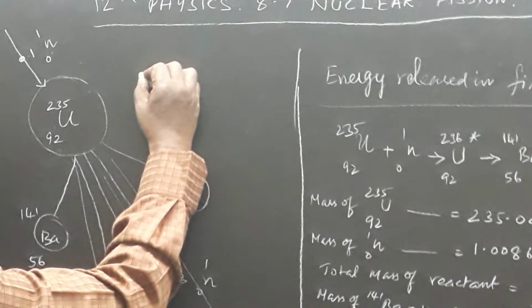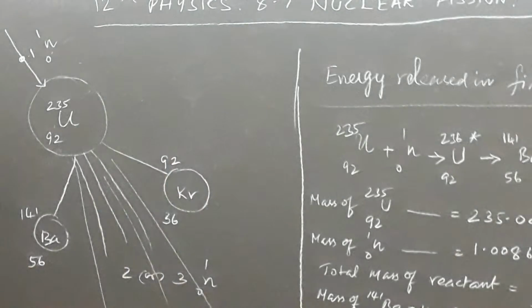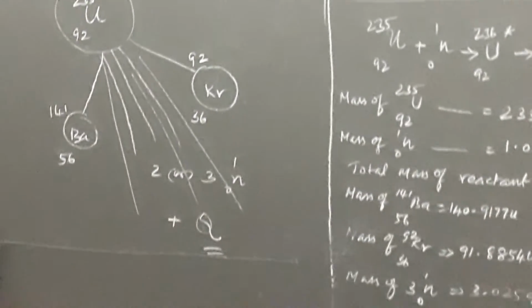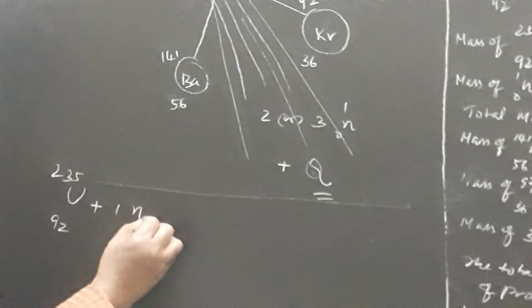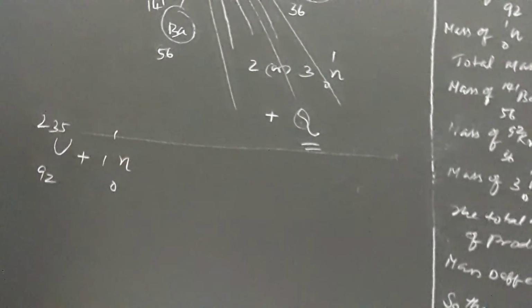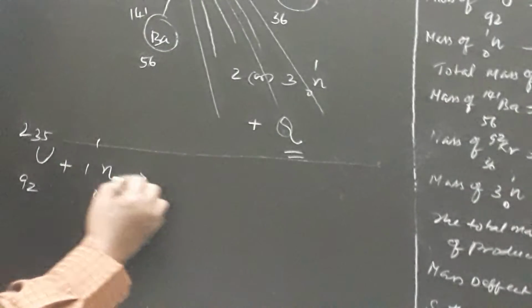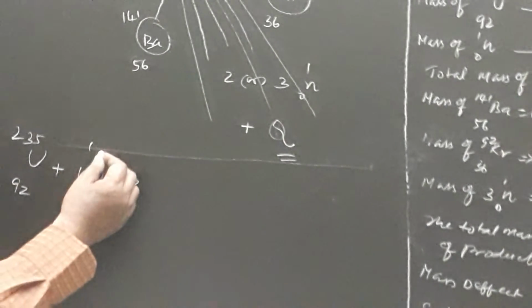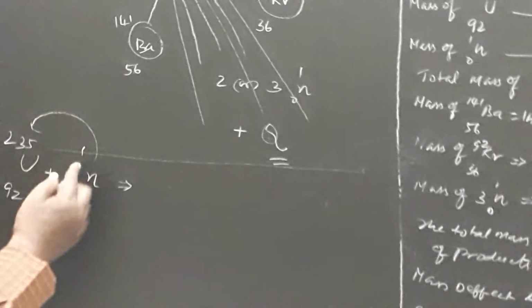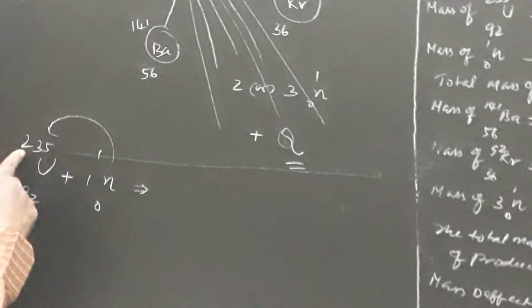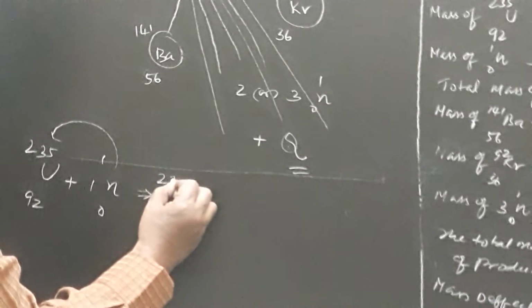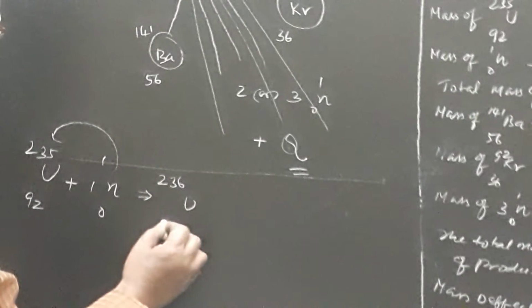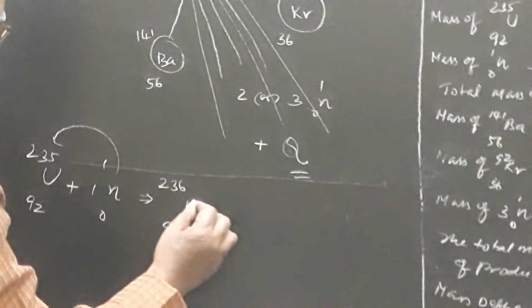One uranium 92 235 is bombarded by one neutron, so that the uranium absorbs this neutron, and the mass number increases by one, that is uranium 92 236.